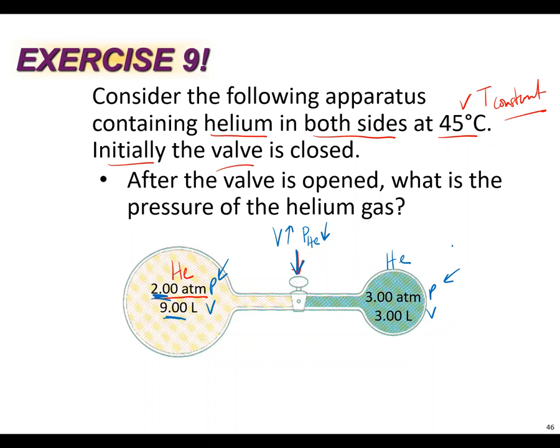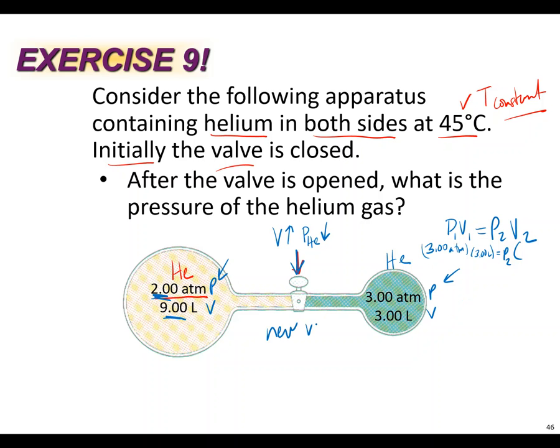So let's start over here with our blue helium. We have P1 V1 equals P2 V2. We're starting off with 3 atm, and 3 liters is our original volume. Now we don't know what the new partial pressure is, but we can figure out what the new volume is.